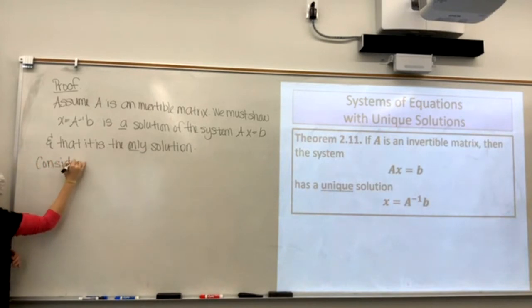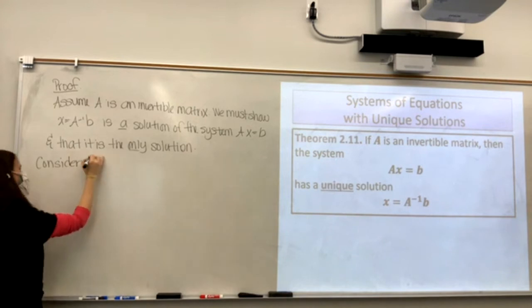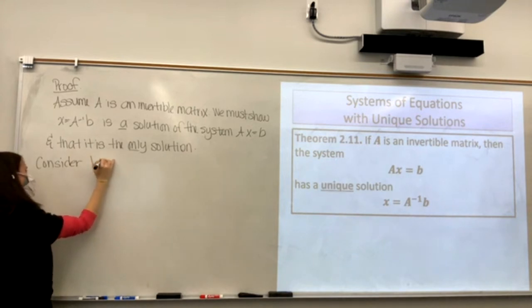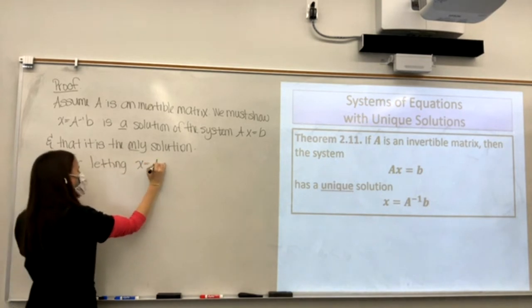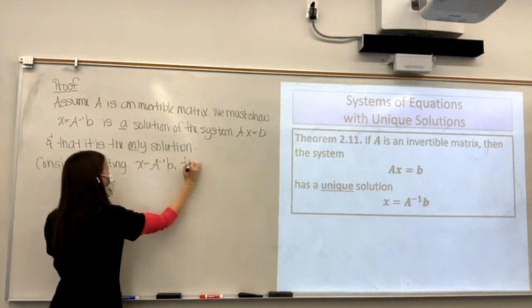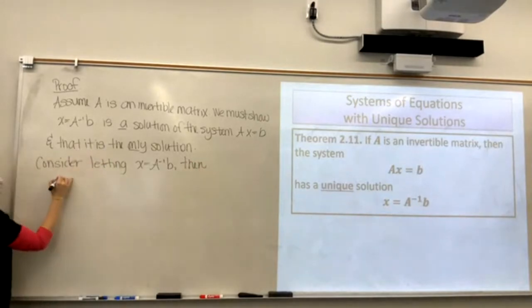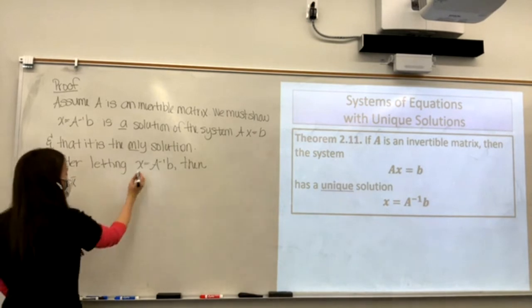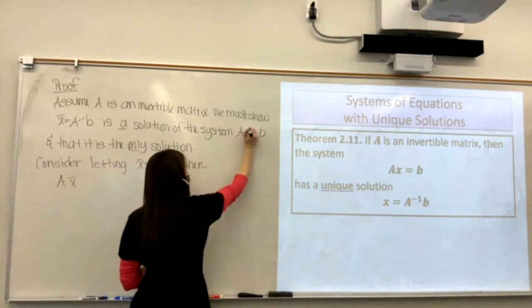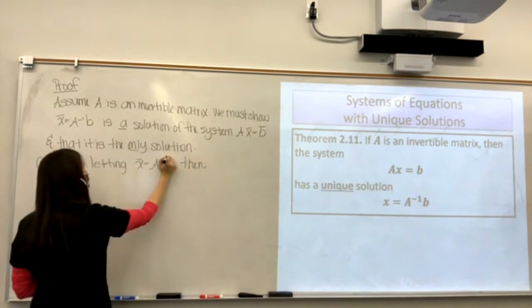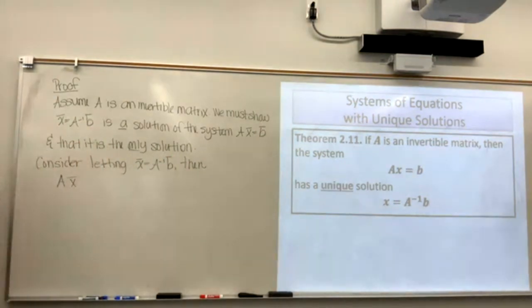So consider letting X equal A inverse times B. All right, so I've got a system AX, and all these X's could have little bars on them if you want them to, because they're technically column matrices, or vectors.